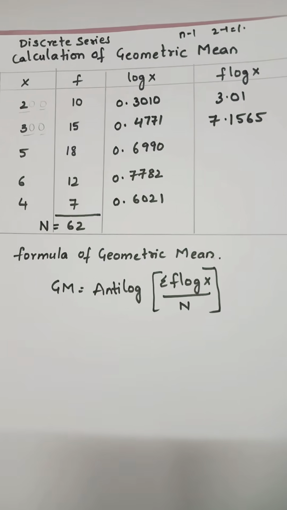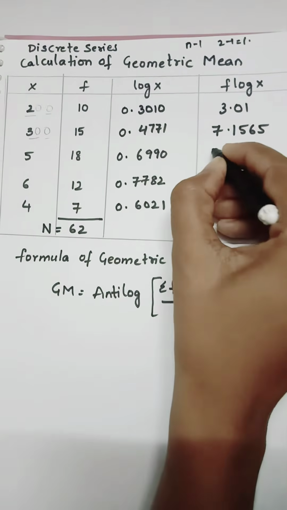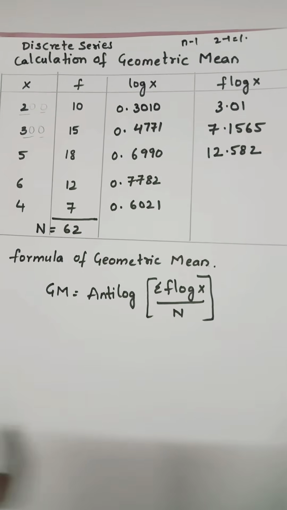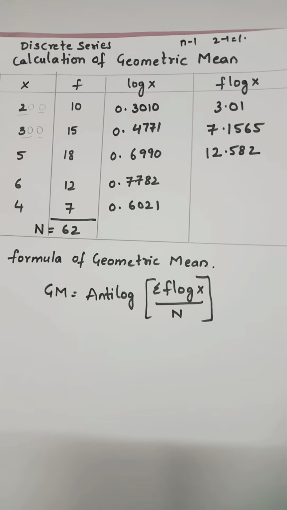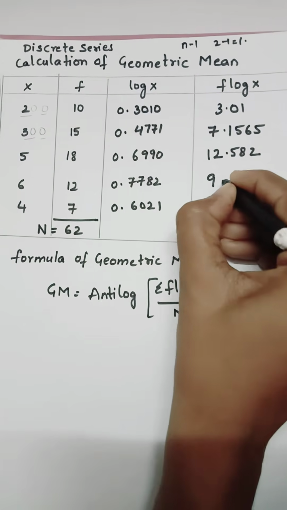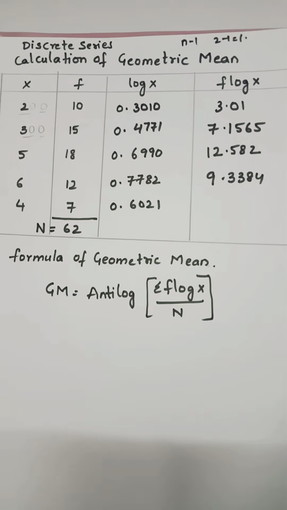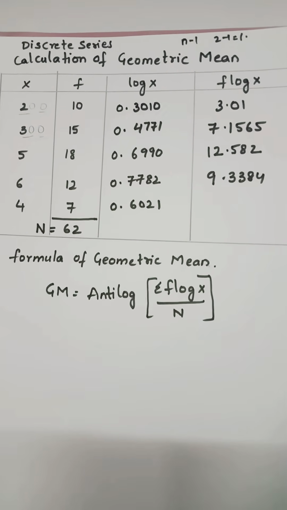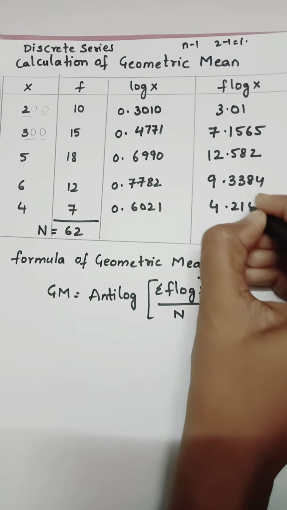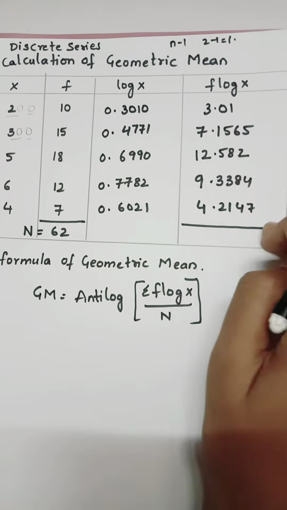Next one, 18 into 0.6990, 12.582. Next one, 12 into 0.7782, 9.3384. Next one, 0.6021 into 7, 4.2147.